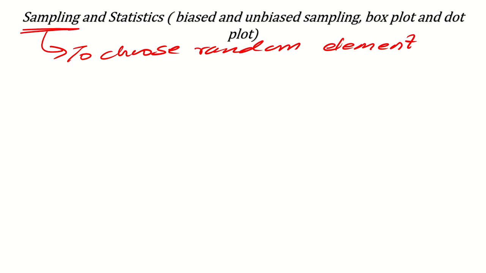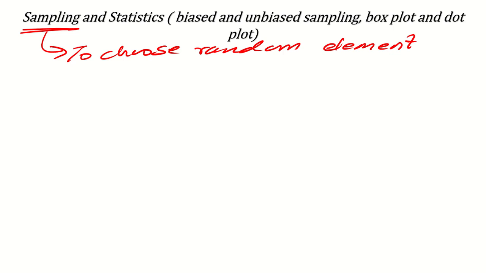Whatever is given, you choose random elements from all of those elements, and that too without any condition. It should be totally random. For example, if I say go to 7B and call one student, and you choose any one student, that is called a random choice.